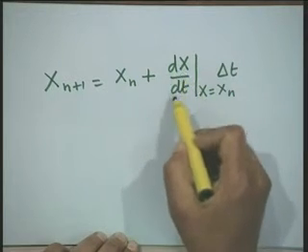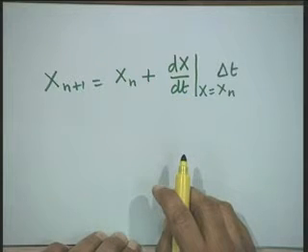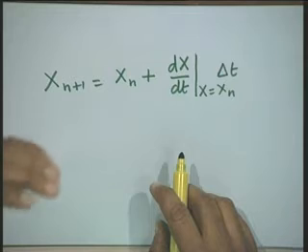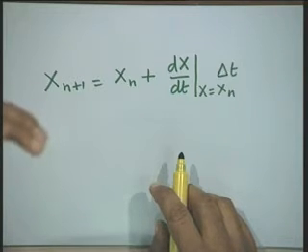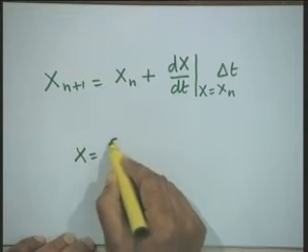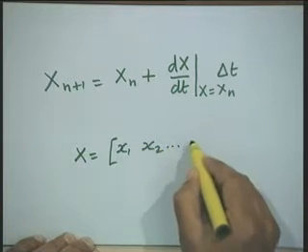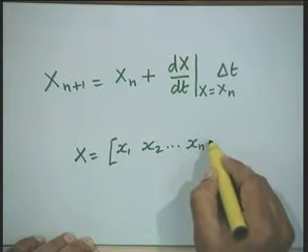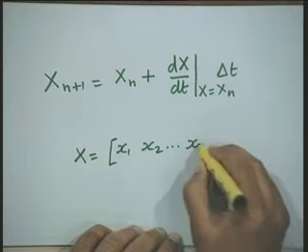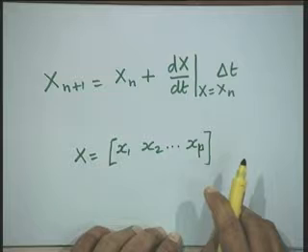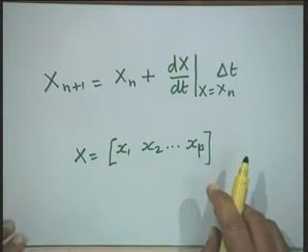When I say dx by dt, x is a vector. What is the meaning of this? Suppose I say here x is equal to x 1, x 2, up to, let us say, x p, I do not want to mix up with this x n. Let us say there are p components.